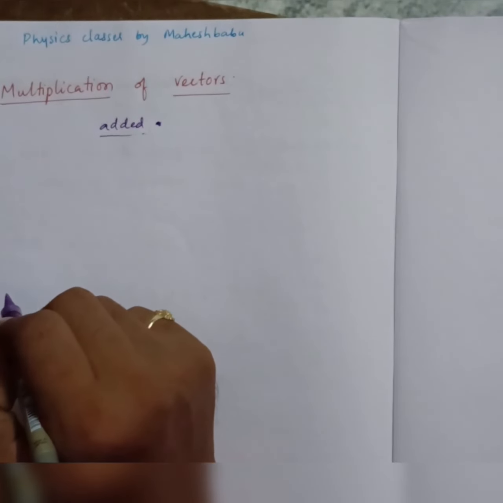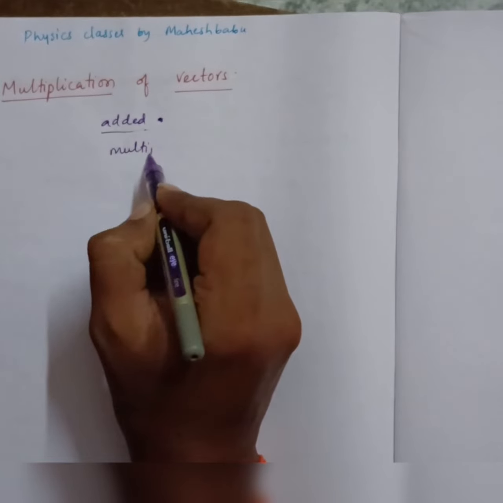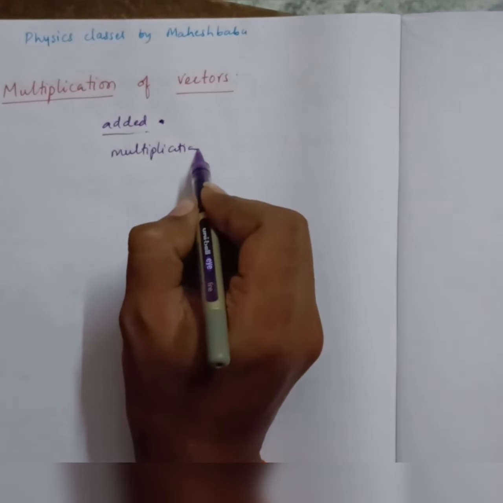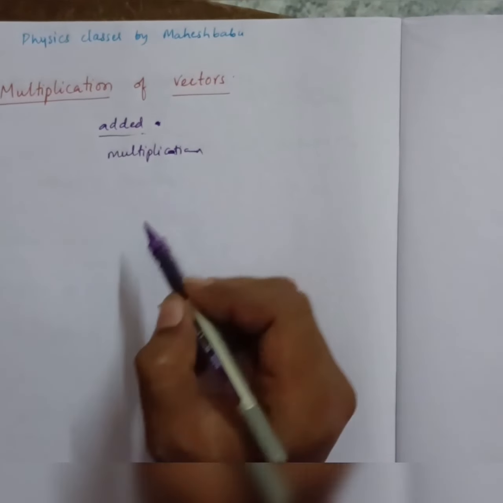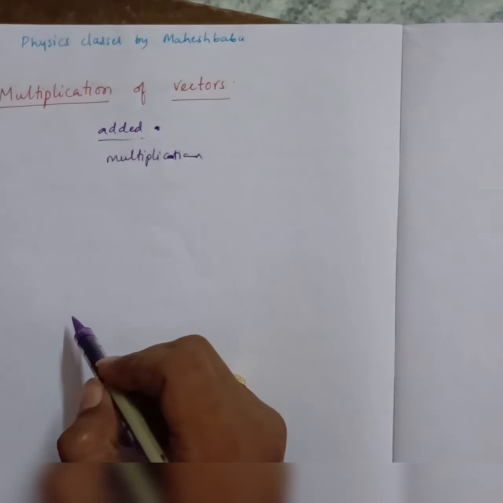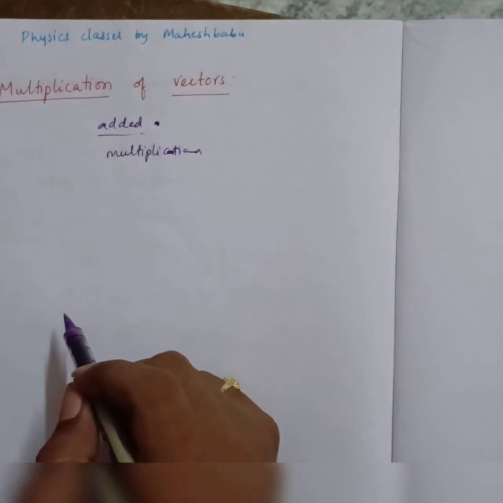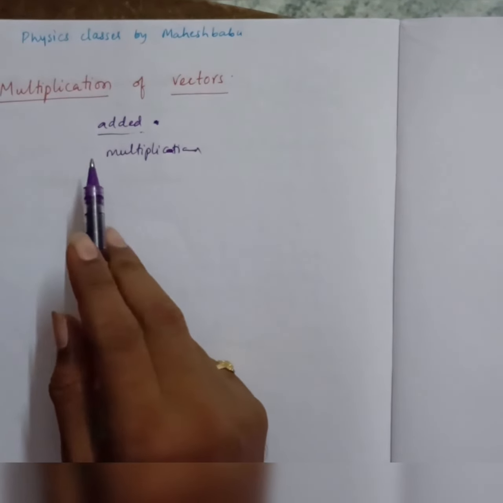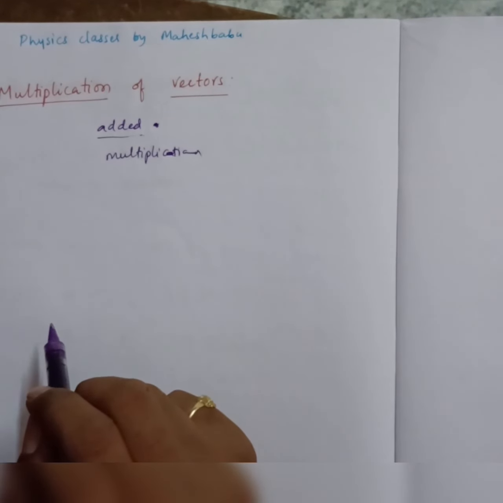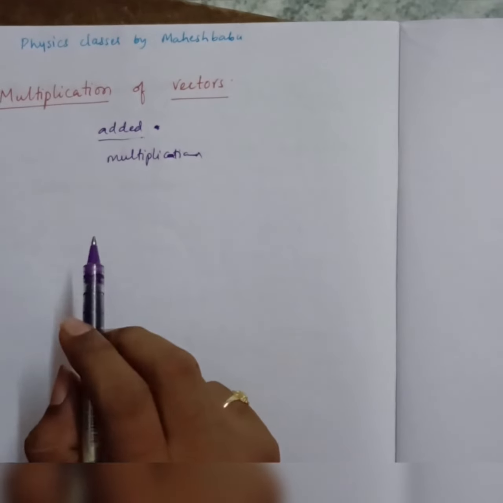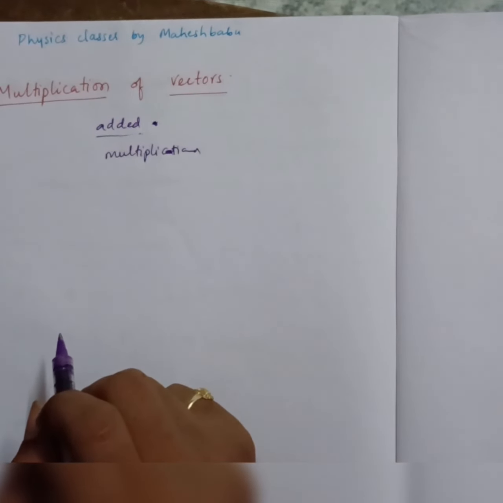Like this, multiplication of vectors also has different rules, unlike scalars. So addition of vectors and multiplication of vectors is different when compared with scalars.